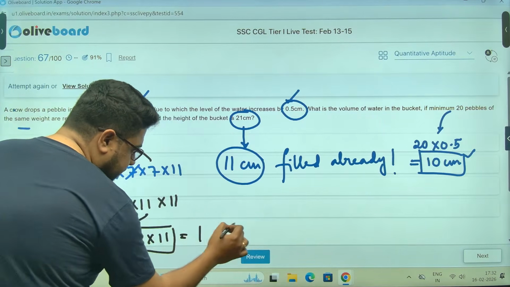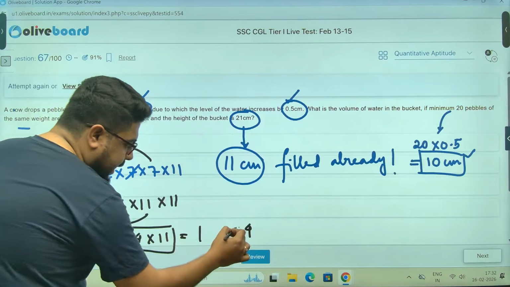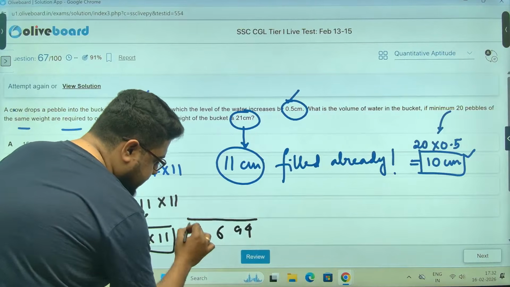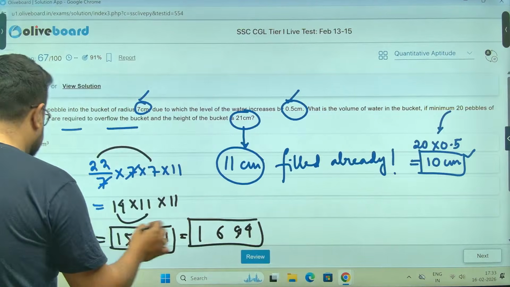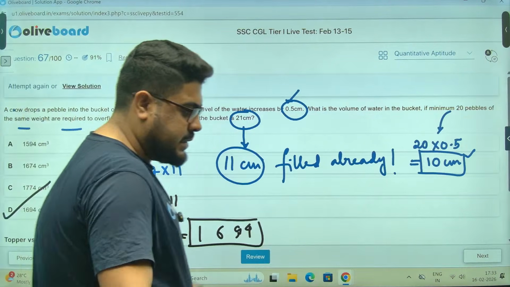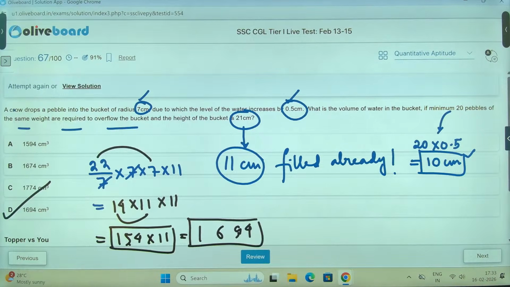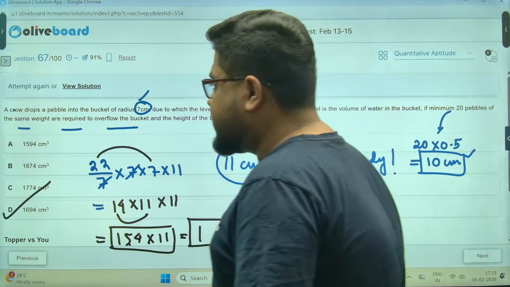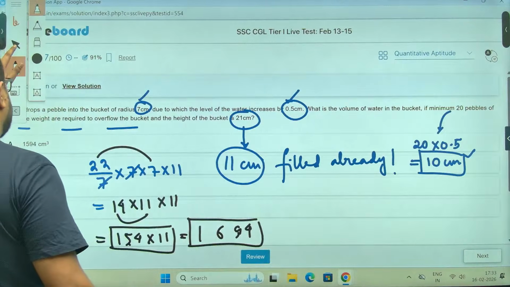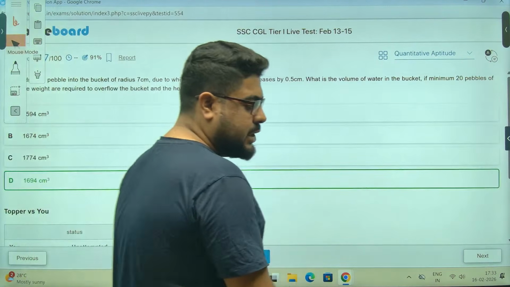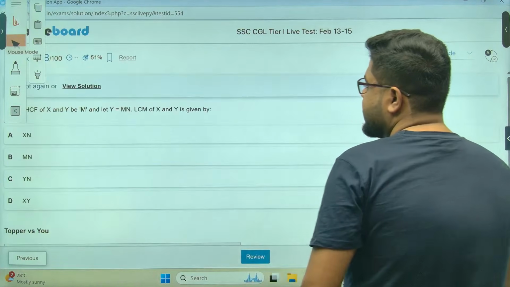Do it like this: 1 and 4, 4 plus 5, 9, 5 plus 1, 6. That's your answer, sir. 1694, option D. It's a little easier way to calculate, and the probability of making a mistake is also a little less if you do the calculation like this. Perfect.